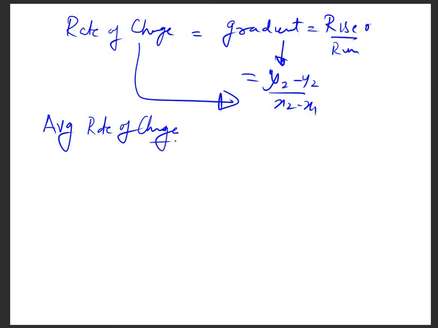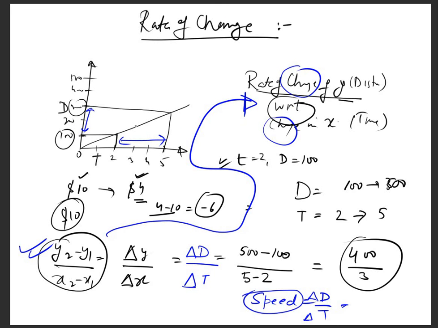This is also an average rate of change. The average rate of change is more applicable for nonlinear graphs. See, in your straight line graphs, you can pick any 2 points, you will always get the same gradient because it is linear. y equals mx plus c. m is always constant. Whatever values of x and y you take, you always get the same values.